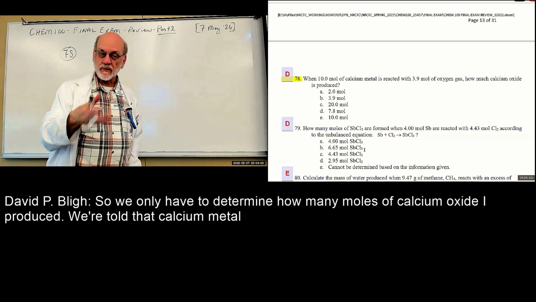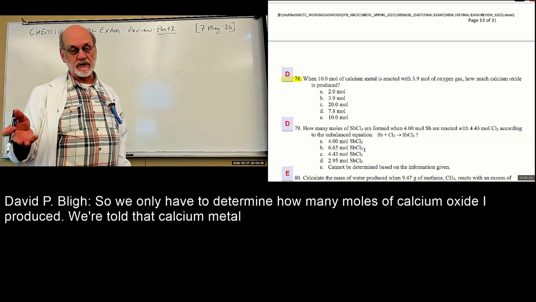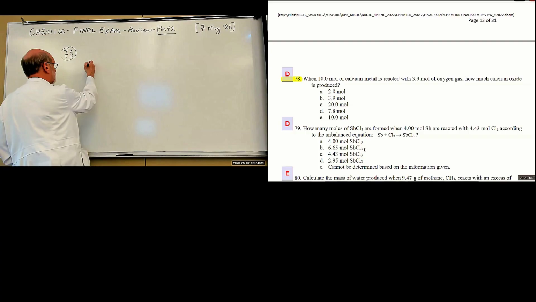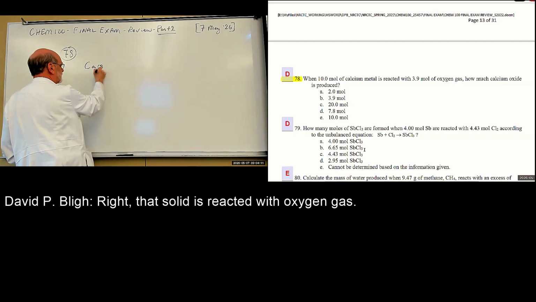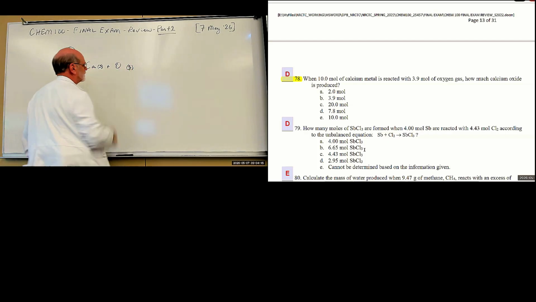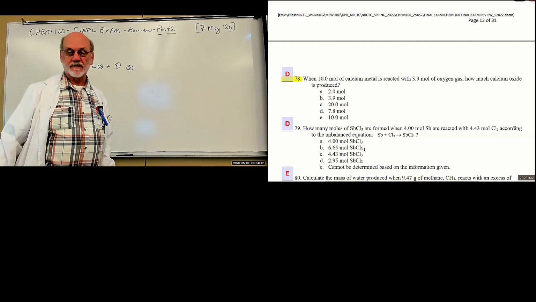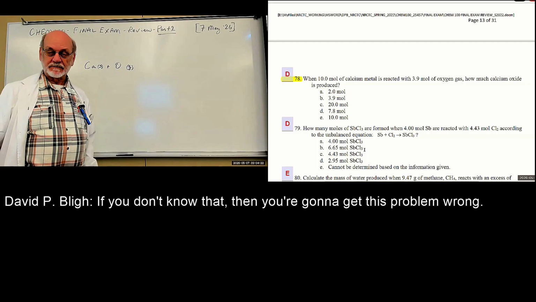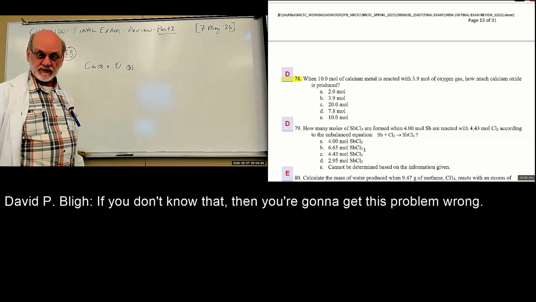So we only have to determine how many moles of calcium oxide are produced. We're told that calcium metal, that's solid, is reacted with oxygen gas. Now, is that right? No. Oxygen gas is diatomic. If you don't know that, then you're going to get this problem wrong.